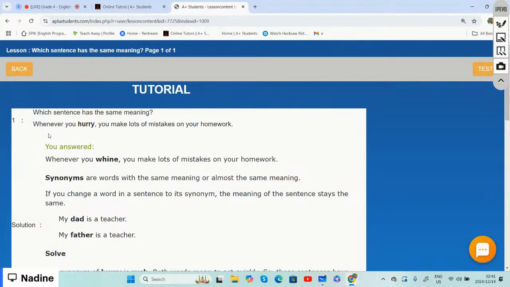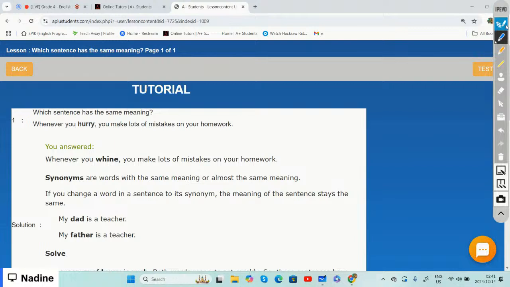All right, here it says, whenever you hurry, you make lots of mistakes on your homework. What did we say is another word for hurry?